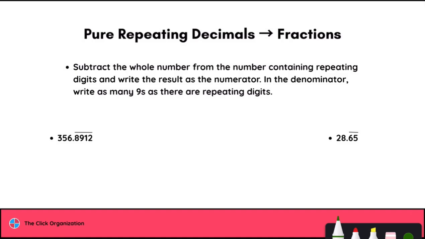Then we write the result as the numerator. In the denominator, we write as many nines as there are repeating digits. And that's basically our fraction.